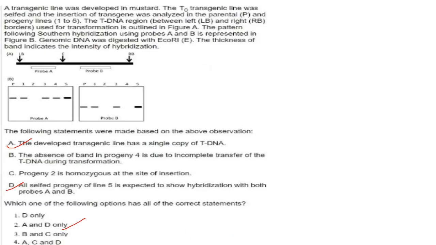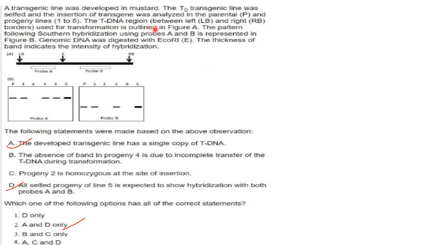A transgenic line was developed in mustard. The T0 transgenic line was selfed and the insertion of transgene was analyzed in the parental and progeny lines 1 to 5.